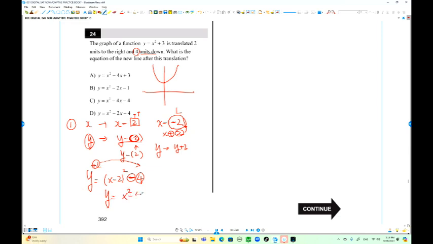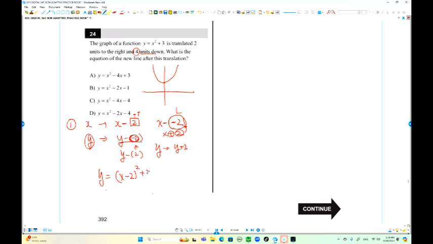X squared minus 4x plus 4 minus 4 plus, oops, plus 4. Let me see. Oh, sorry. We forgot to add 3 there, right? So y equals x, replace the x with x minus 2 squared.